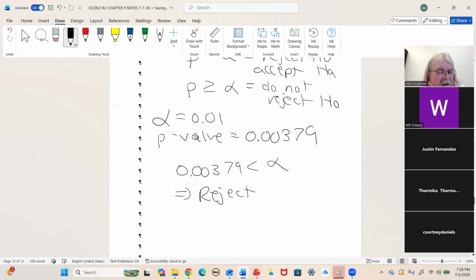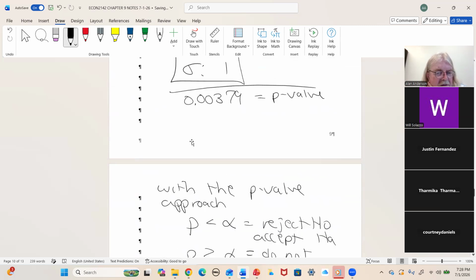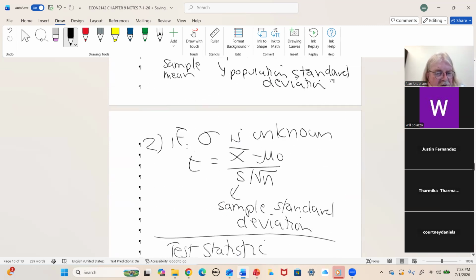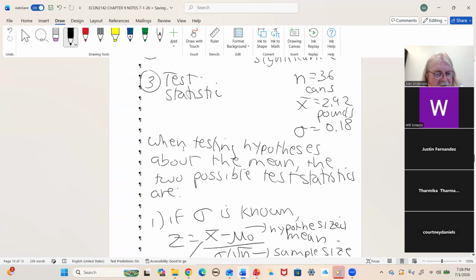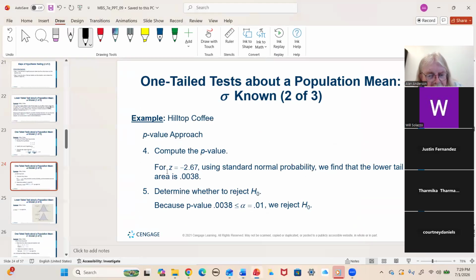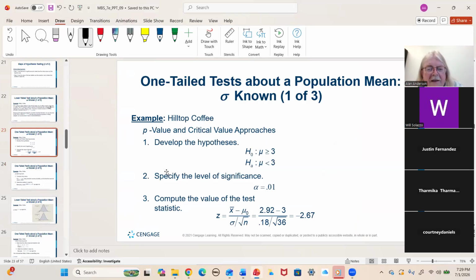So then we can decide that we reject the null. Way back here somewhere we had a null hypothesis. Yes.